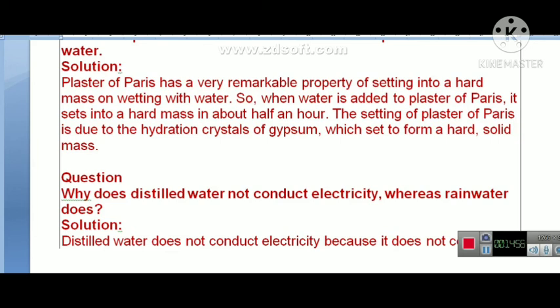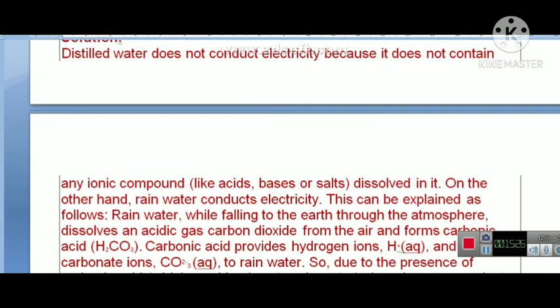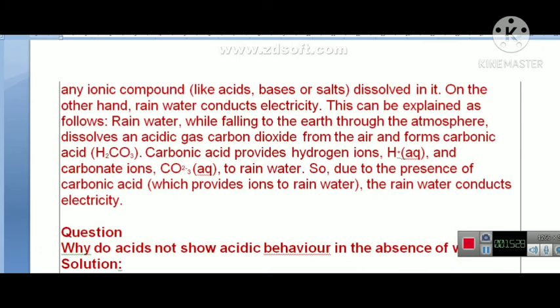Distilled water has an equal amount of H plus and OH minus ions and does not conduct electricity. But rainwater has some impurities mixed into it, like acids, bases or salts, in dissolved form. Therefore, rainwater conducts electricity. This can be explained as the rainwater falls on the earth.